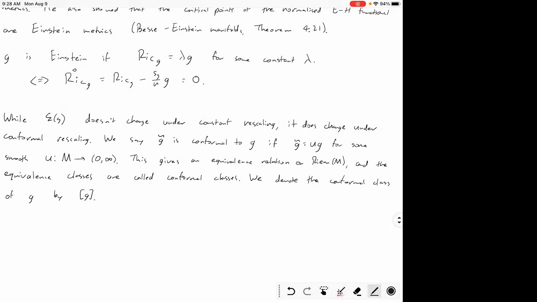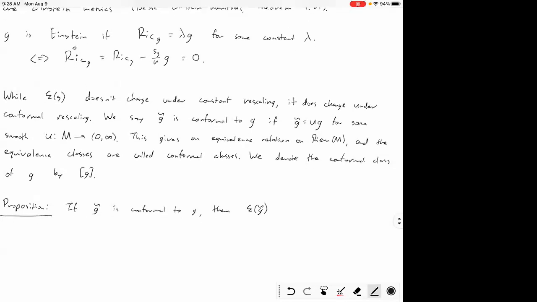Okay, so let me say proposition. If G tilde is conformal to G, then the normalized Einstein-Hilbert functional, its values aren't arbitrary, they're somewhat controlled by the value of the initial metric G. So the values are actually bounded below within a conformal class.